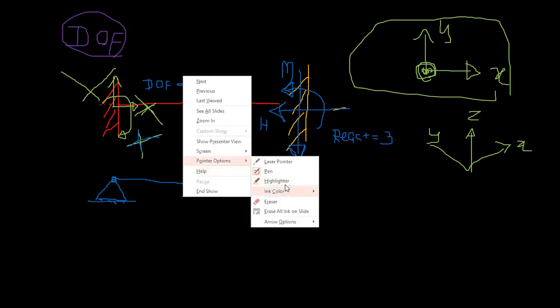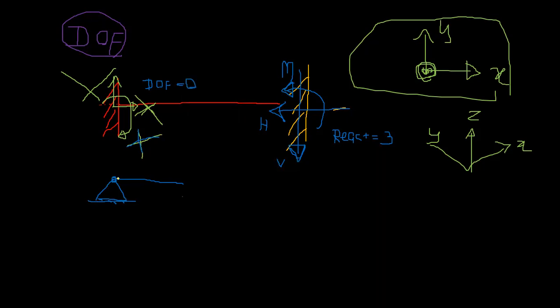So pin means it will not allow the beam to move. Think about this node. This beam cannot translate in this way, right? Because the support is attached to the ground, right? And as well it cannot go in y direction. So these degrees of freedom are restricted.